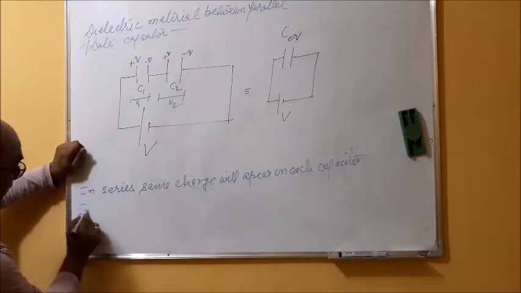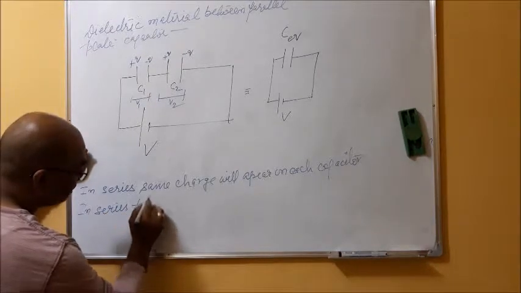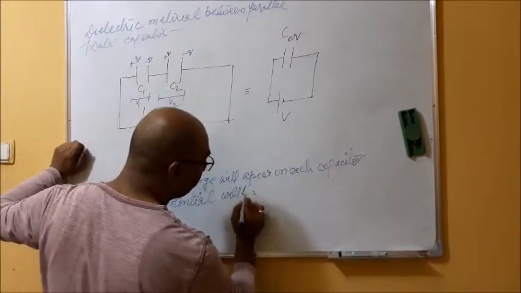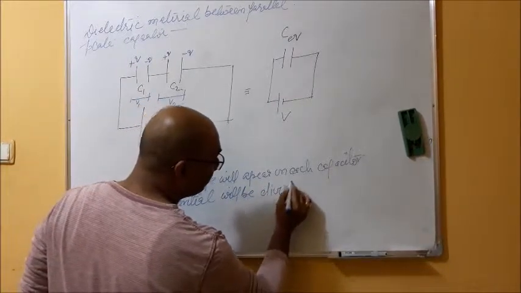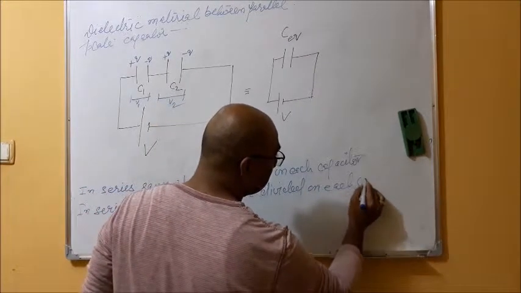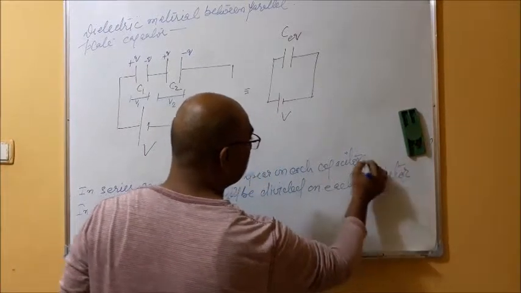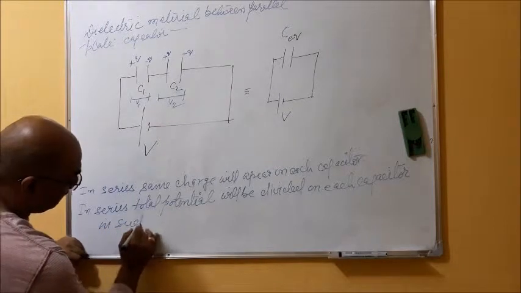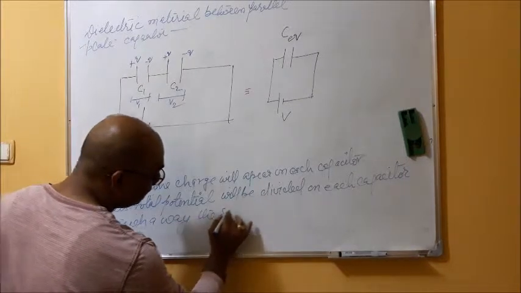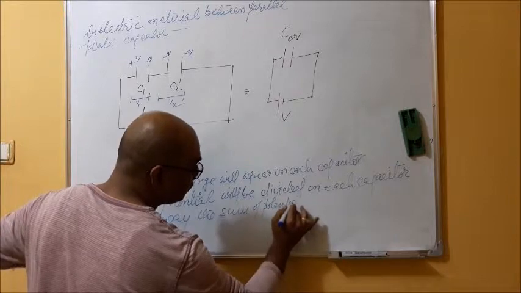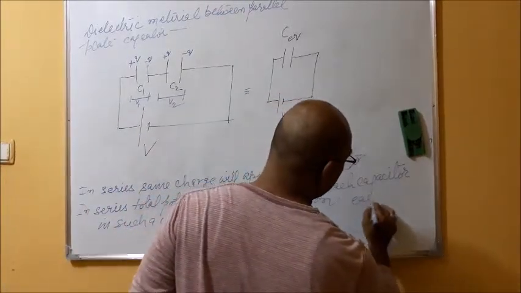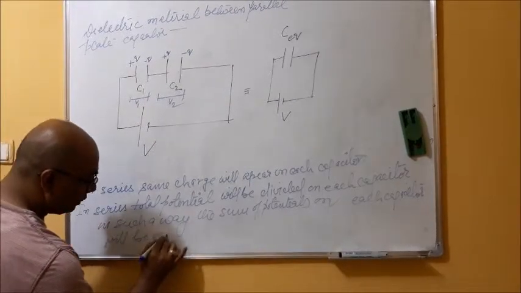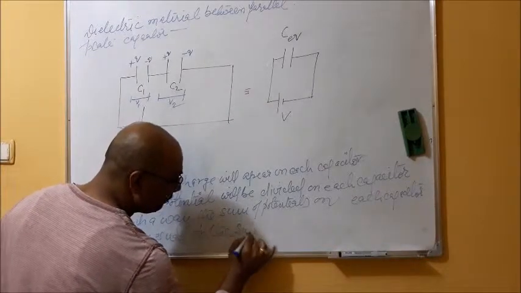So second point, we can say in series, total potential will be divided on each capacitor in such a way that the sum of potentials on each capacitor will be equal to the supply potential.